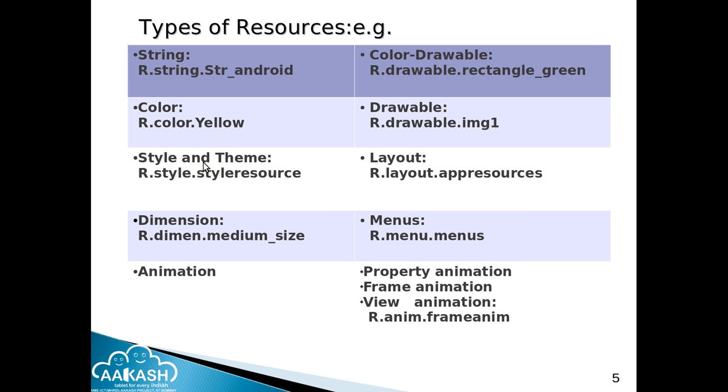Style and theme resources are used to define the look and format for user interface elements and refer by R.style.style name. And dimension resources are used to carry the dimension value as a unit of measure and refer by R.dimen.name.